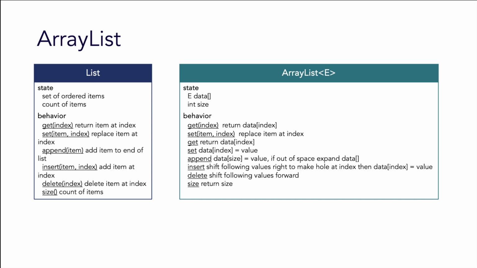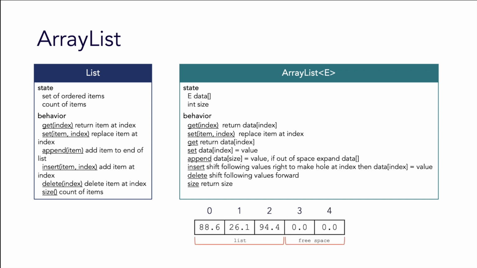When I add my first item using the append or the insert or the add, I will put that item at index 0, and I will have a second field called size that I will maintain, and I will increment that to 1. Now, I can tell the difference between how many items are actually stored in the array and the overall capacity of the array.